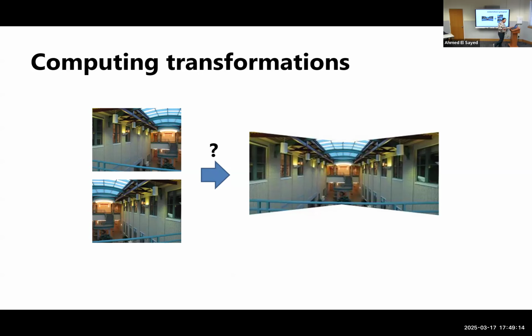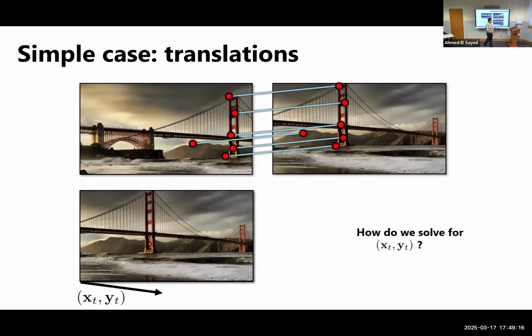We'll start first with the simplest case. What is the simplest case? Translation. Assume that you have an image and another one, and we found features here that match the features here. So we know the points of interest here that match with the other one here. This is done.